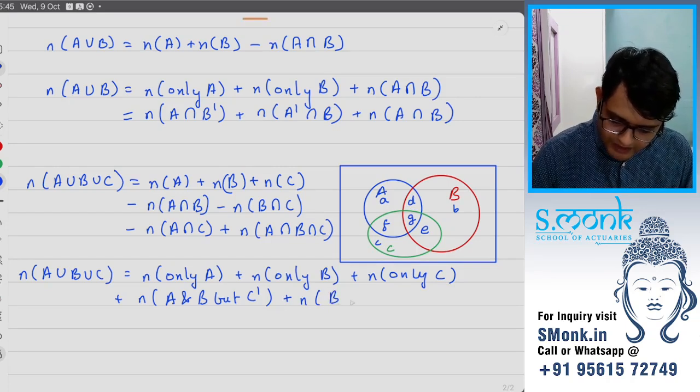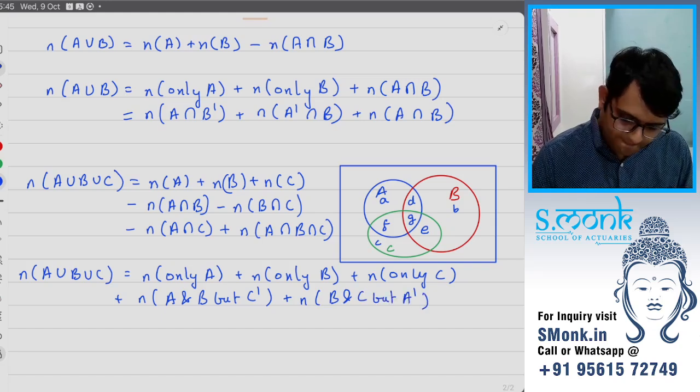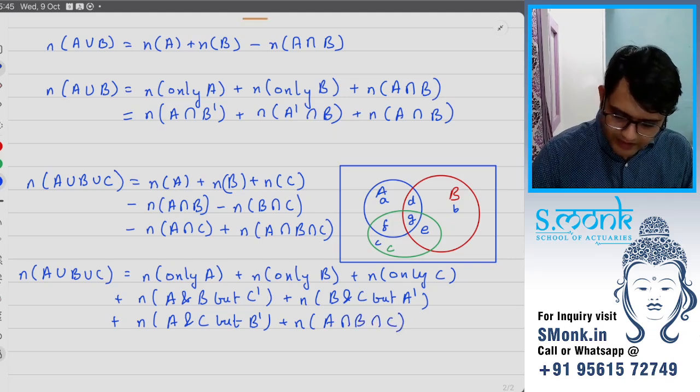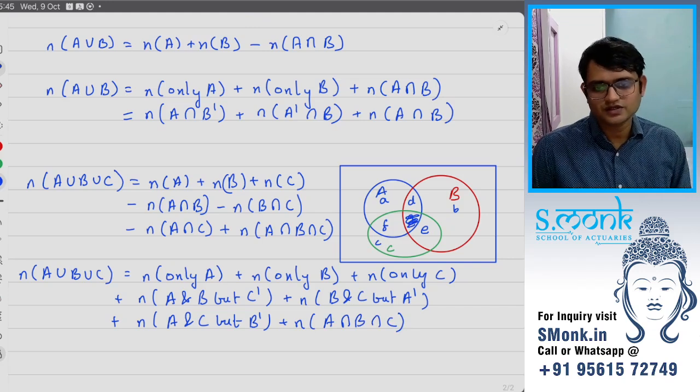Next is B and C but not A. That would be this region. Then A and C but not B. That is this region. Then of course lastly I will have the triple intersection. That is this G. Correct.